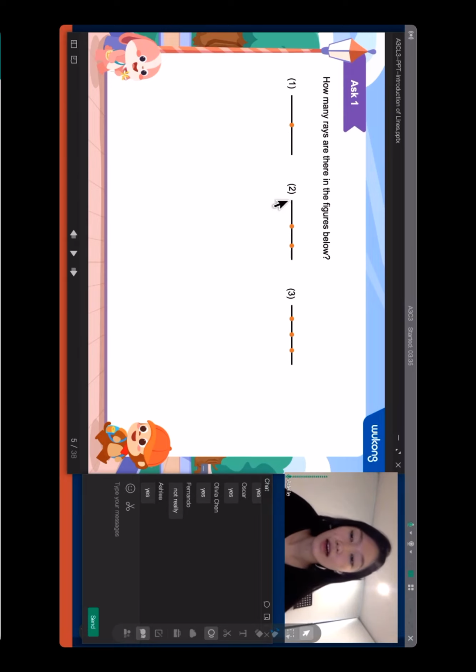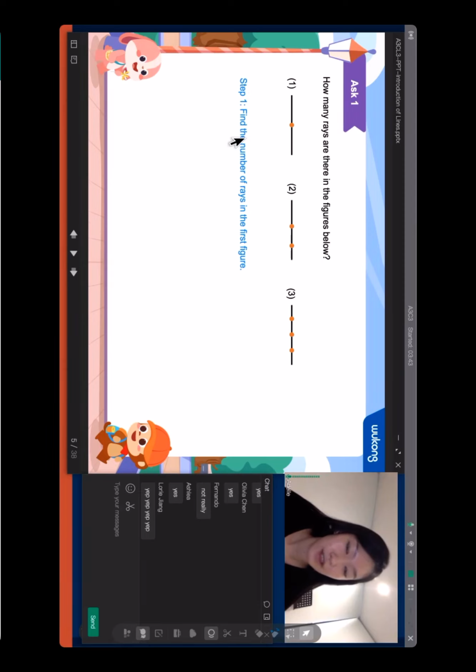Okay, so we're gonna have our first ask question. So how many rays are there in the figures below? So we'll look at question 1 first. We're gonna find the number of rays in the first figure. So what we're gonna do is locate our endpoint first, because the ray has one endpoint from which the line extends indefinitely in one direction. So we're gonna start with finding the endpoint, which is here, right?